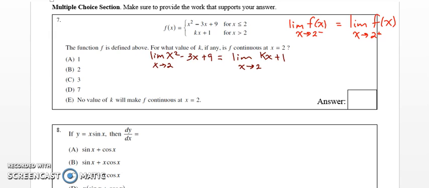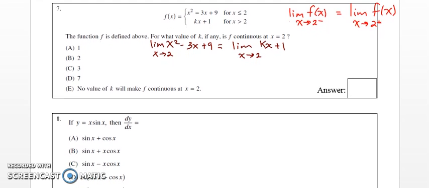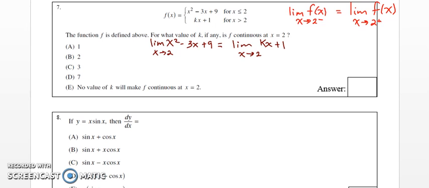So the limit of x squared minus 3x plus 9 as x approaches 2 should equal the limit of kx plus 1 as x approaches 2.